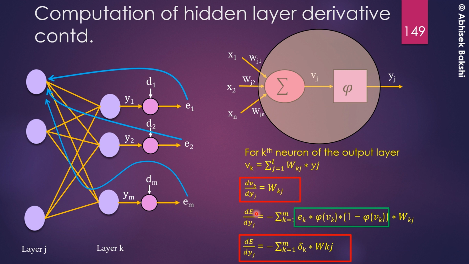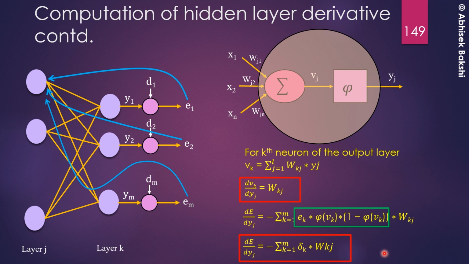So the derivative of error with respect to yj becomes easy to calculate now. That is minus the sum over k from 1 to m of delta k multiplied by wkj. The kj will definitely be a subscript, right? So you have got the derivative of error with respect to yj.